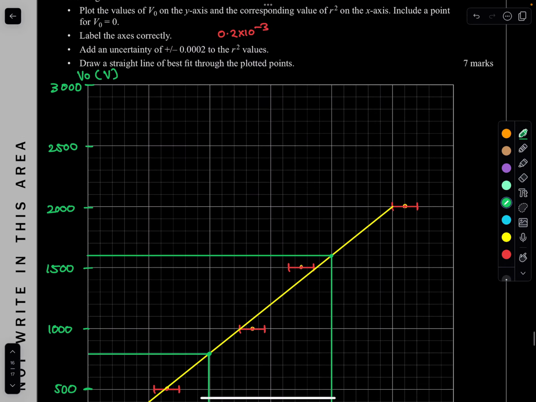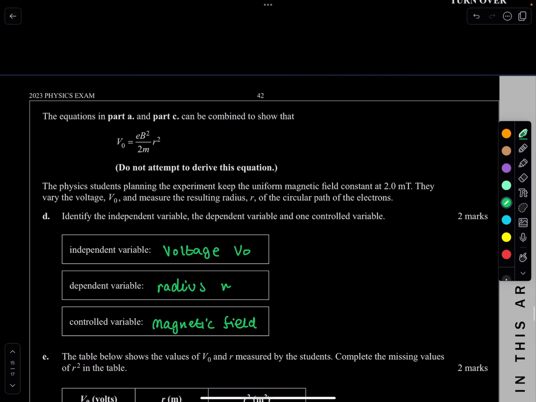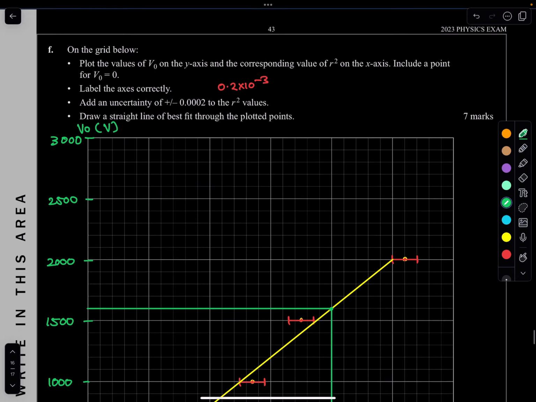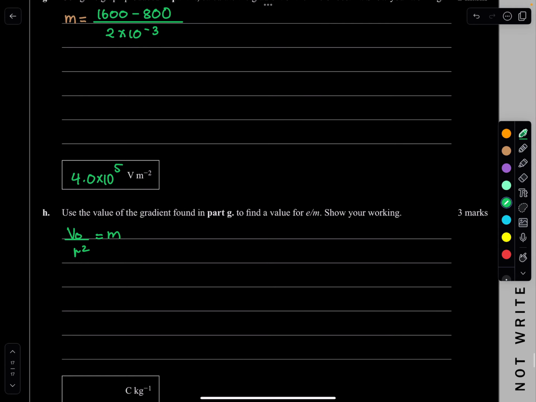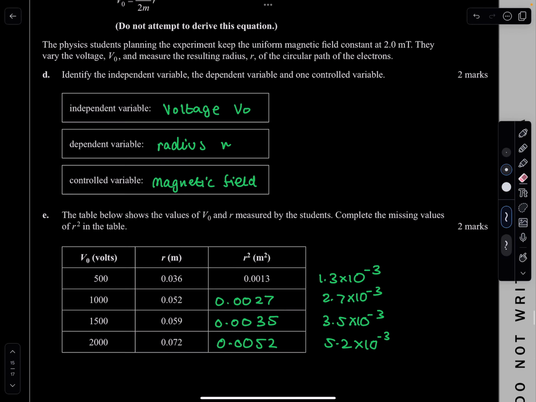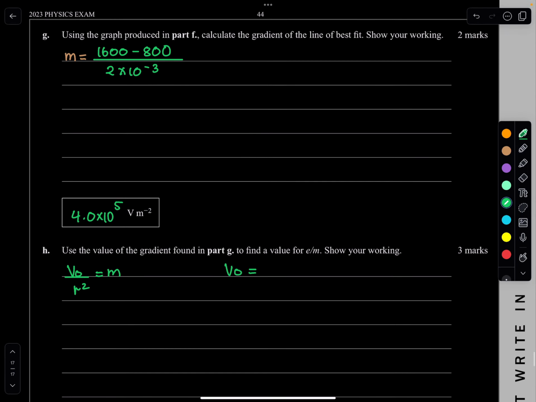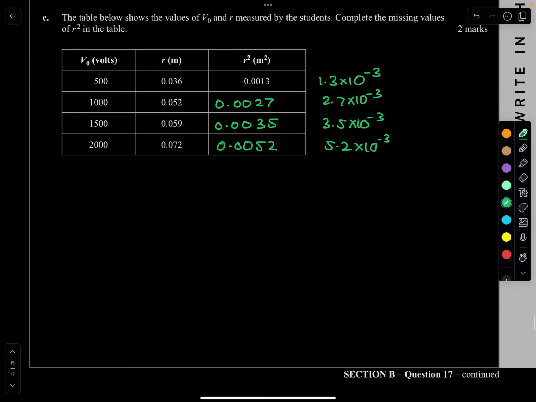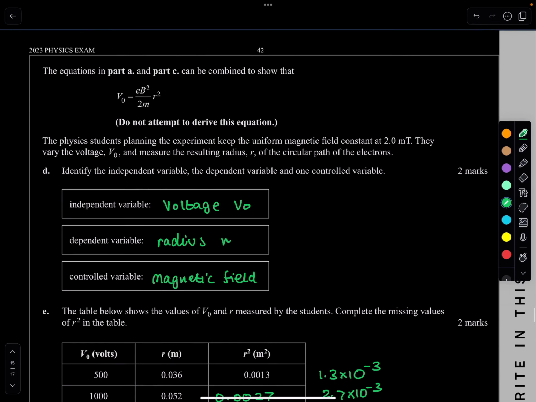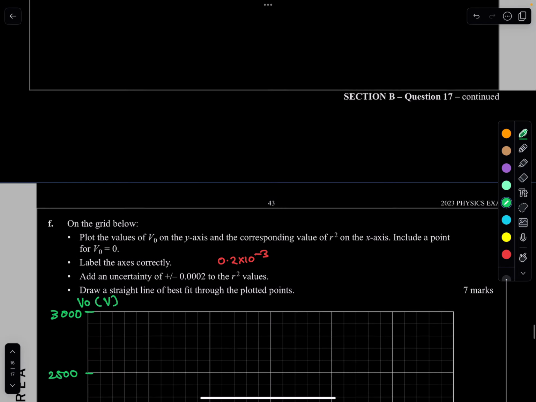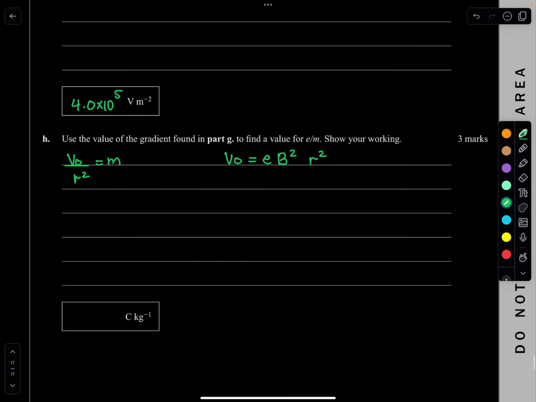So using the formula that we had, we have to just rearrange it. So V naught is basically equal to EB squared, R squared over 2M.